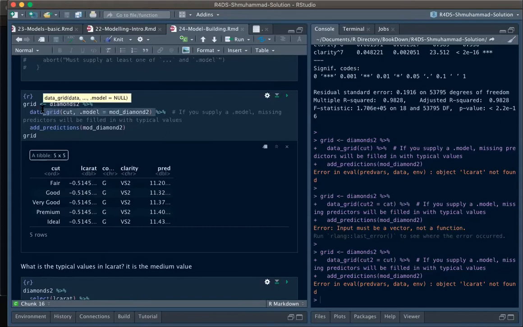Yeah. So basically, if you just put up a code chunk before that, and you only do the data grid without adding the predictions. I remove this. Yes, but you can put it in a new one. So you just remove that, and remove the model thing inside the data grid.